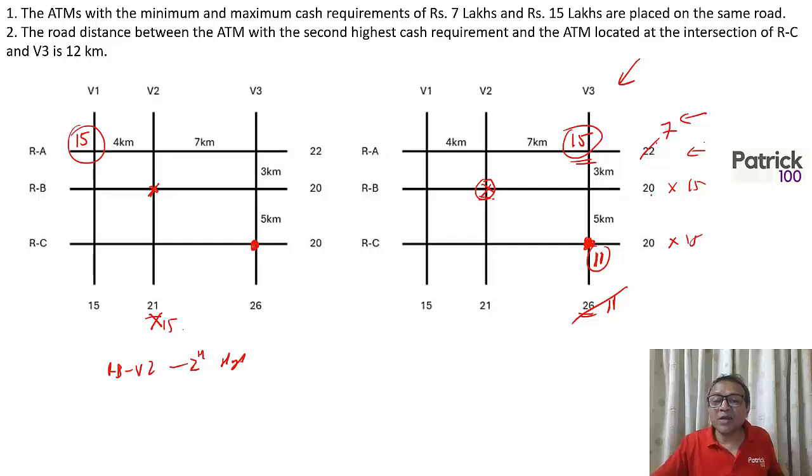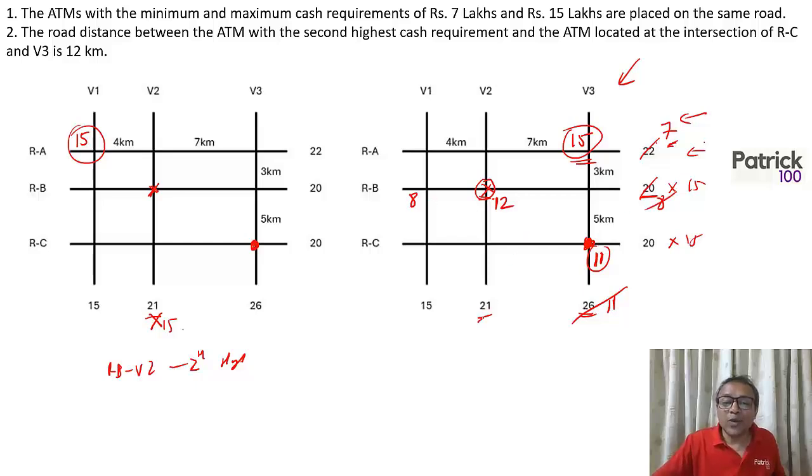But 7 cannot come in this row, because 7 is in the first row. So this has to be 12 and 8. Because if I put 13 out here, the next number will be 7, and 7 cannot come because 7 is in row RA. So I am left with 8 out here in this row. The only place 8 can come is with RB, so RB will come 8.